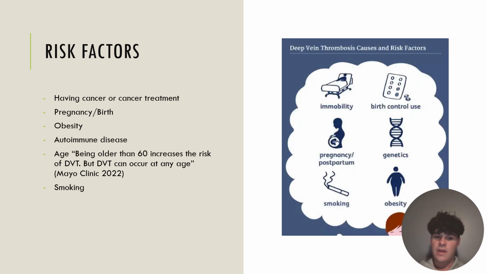The Mayo Clinic often says that being over 60 increases the risk of DVT, but it can happen at any age. And smoking, because smoking affects how your blood goes through your system, specifically nicotine, affects how blood moves through your lungs and through your heart.